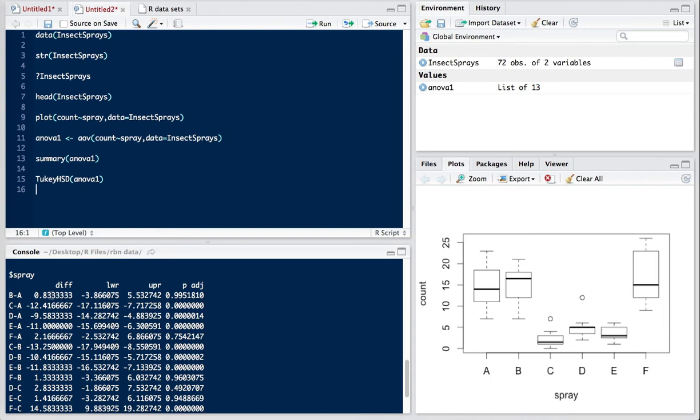The difference is 0.8333, and the LWR and the UPR give the lower and upper bounds for the statistical differences between those two groups. And so you can see that varies from a negative number to a positive number. In other words, it overlaps 0.